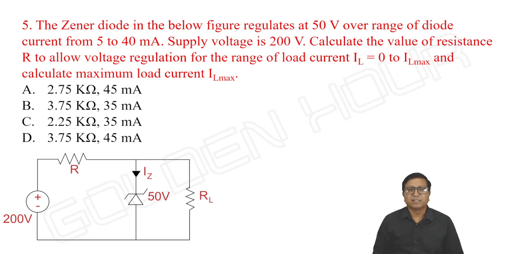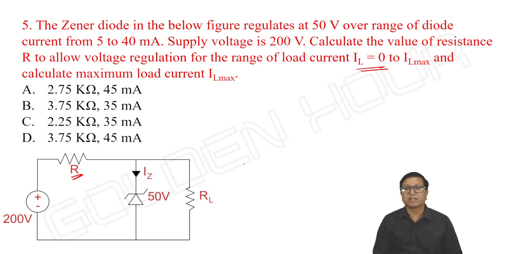The Zener diode in the below figure regulates at 50 volts for a range of diode current from 5 to 40 milliampere. Supply voltage is 200 volts. Calculate the value of the resistance R to allow voltage regulation for the range of load current IL equal to 0 to IL maximum, and calculate the maximum load current IL maximum they are asking.